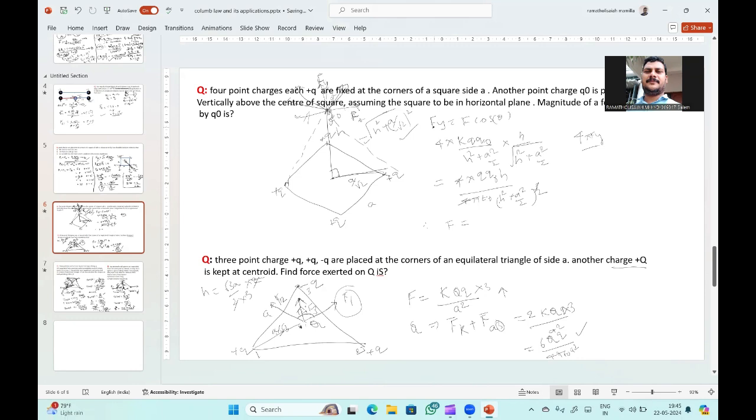Therefore, the required force, the force on Q naught, is equal to Q Q naught by pi epsilon naught into h square plus a square by 2 whole power 3 by 2. So this is the answer. Next one we will see.